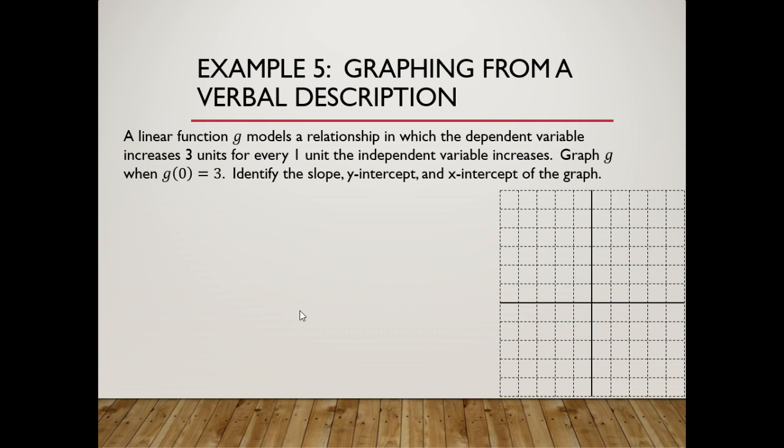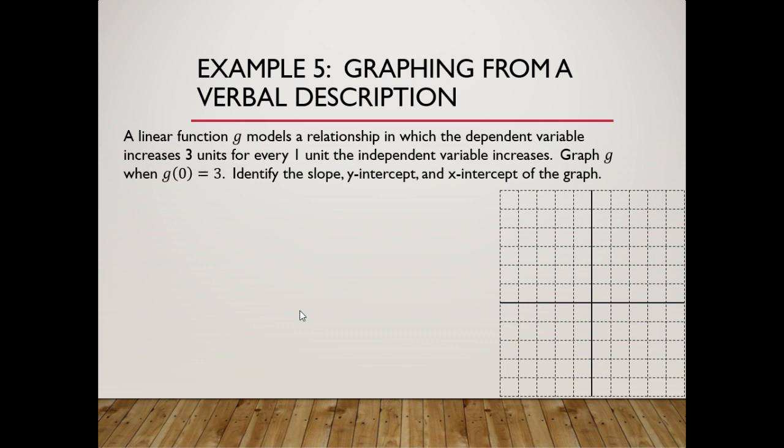Now we want to graph g. G is going to be the name of our function when g of 0 is equal to 3. So in other words, when the input is 0, when the x is 0, the output is 3.